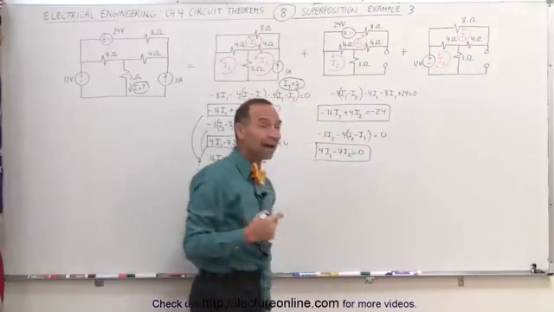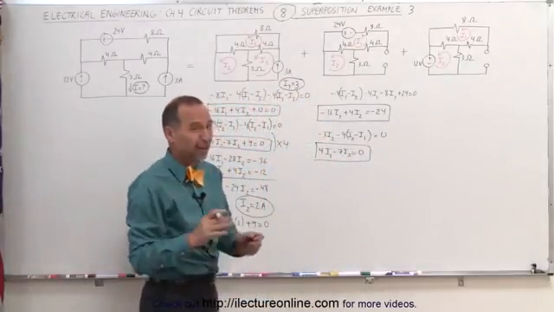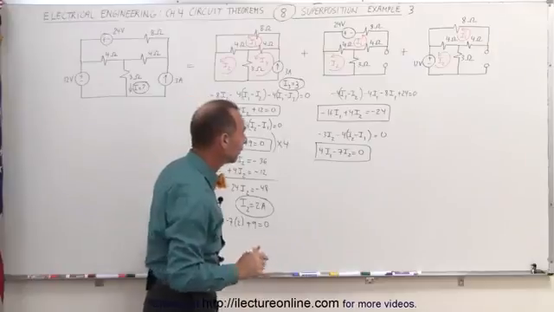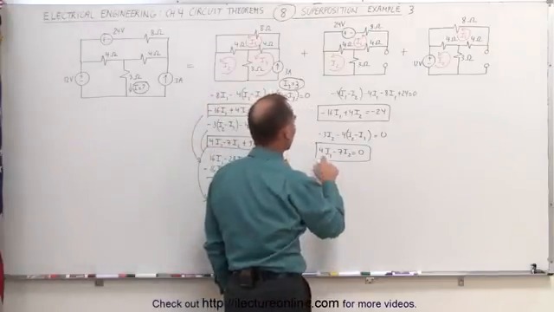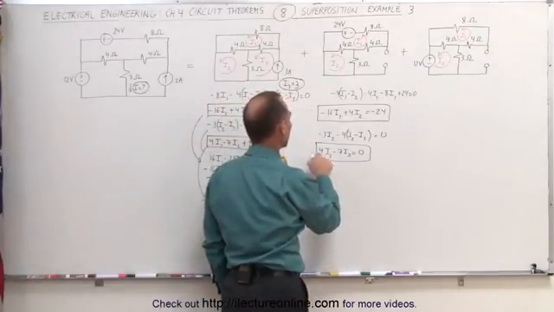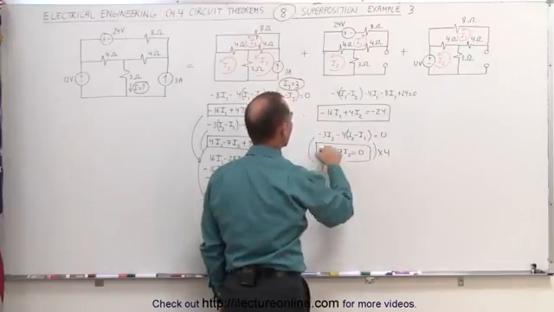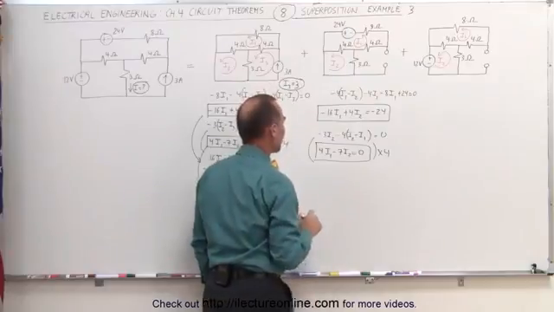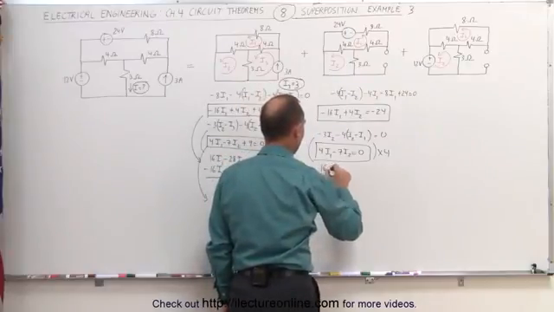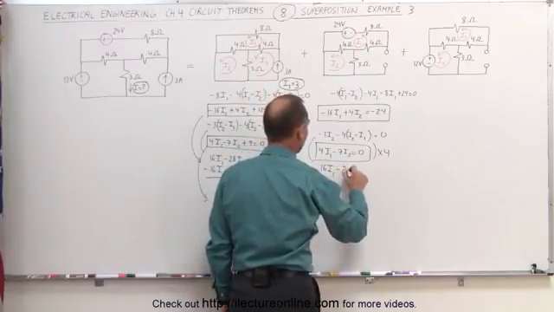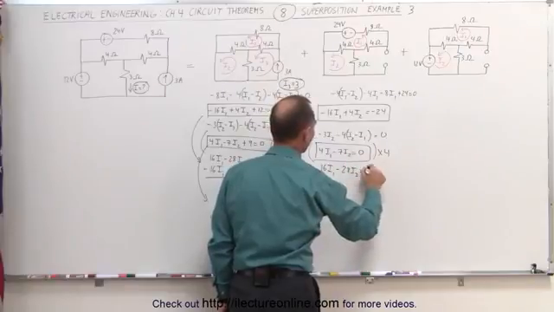Now I have to solve for I1 and I2, in particular I2. I don't really care about I1. I can do that by eliminating I1, multiplying this equation by 4. That'll give me 16I1 minus 28I2 equals 0.